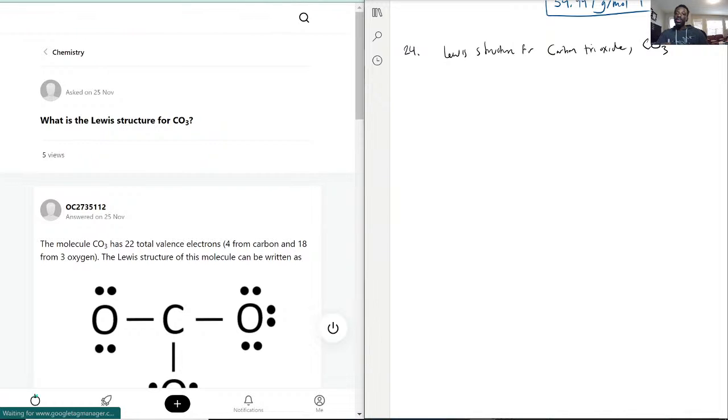I'm really actually hoping that they did not mean carbonate, because we will find out if CO3 is something that's possible, but we're gonna work through it nonetheless. So CO3, okay, carbon, you love to see this.